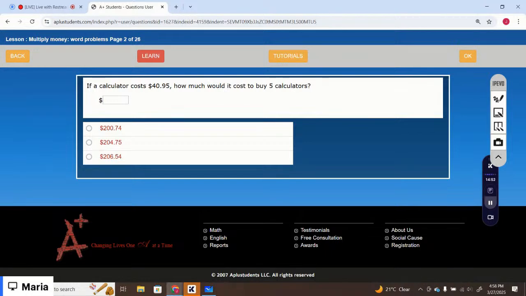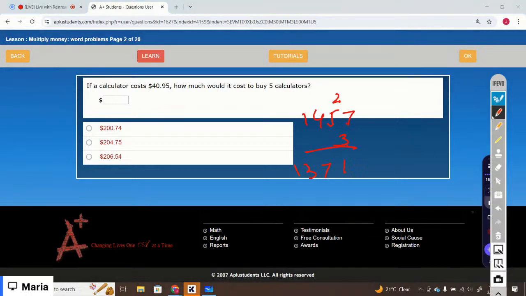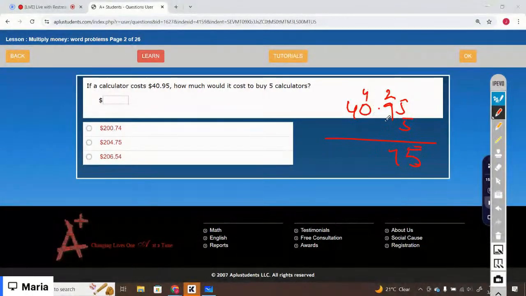If a calculator costs $40.95, how much would it cost to buy five calculators? So one calculator costs 40.95. You need to calculate the cost of five calculators. So you have to do 40.95 times 5. 5 times 5 is 25. 5 times 9 is 45. Sorry, hold on. 5 times 4 is 20.